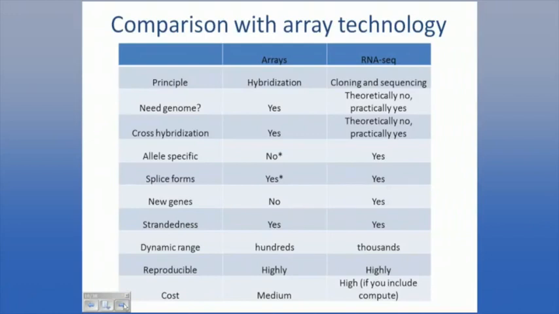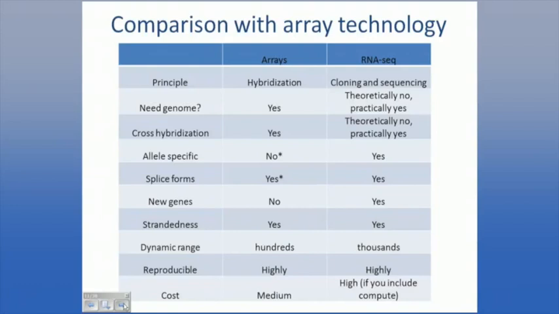If we compare methodologies in RNA sequencing with that from DNA arrays, which we talked about in our last lecture, you can see actually there's many similarities and many differences. Although the principles are quite different, one is hybridization based and one is cloning and sequencing based, they have commonalities and differences. So with arrays, a big difference is you actually do need a genome before you can design the array.